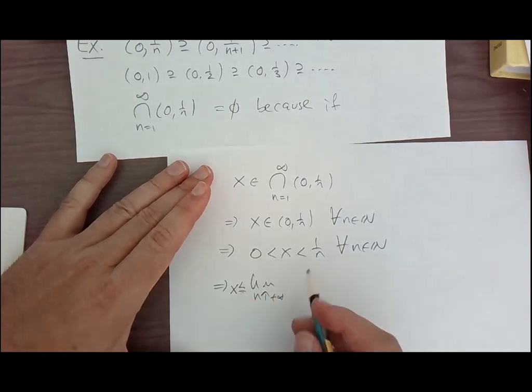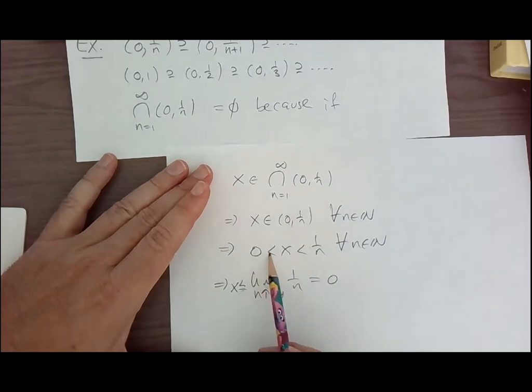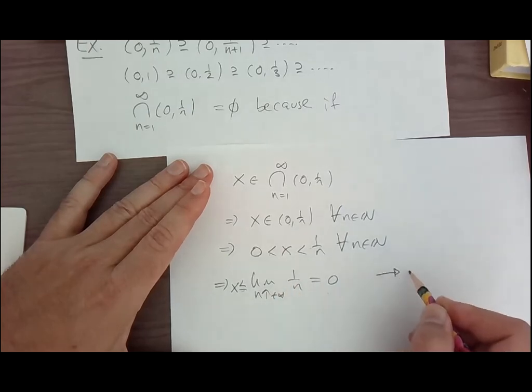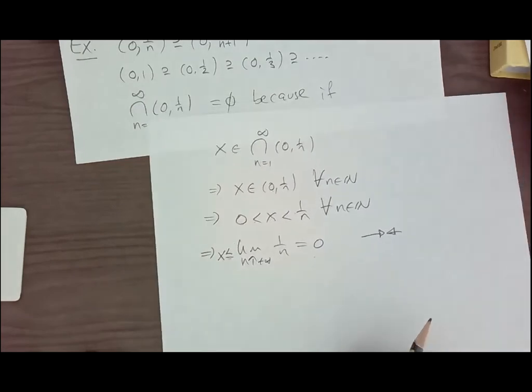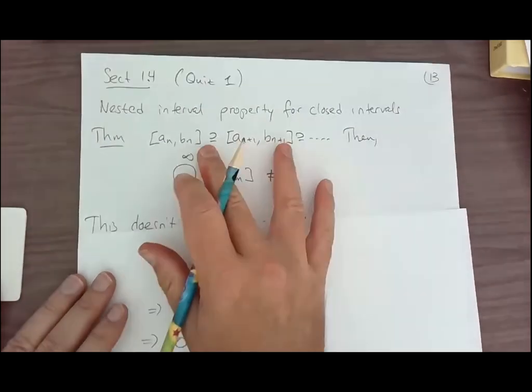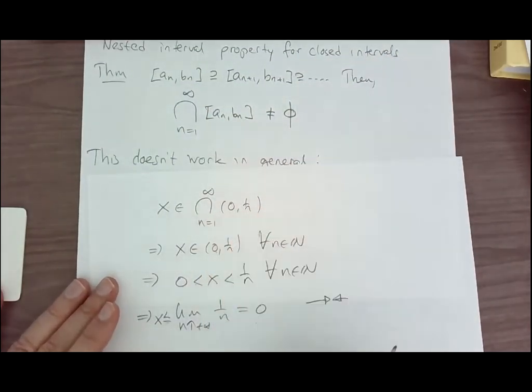You cannot keep the strict inequality of 1 over n, and this is 0. So I'm getting here that x is strictly positive and it's bounded by 0 from above. This is not possible. This is a contradiction. So this nested property up here works for closed intervals. It doesn't work for these open intervals.